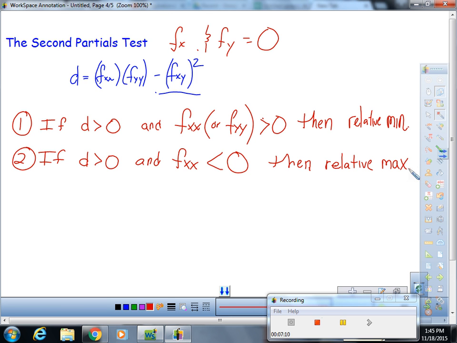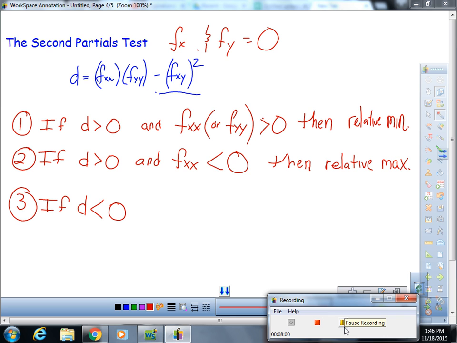So far so good? Rule 3. If D is negative, then we have a saddle point.